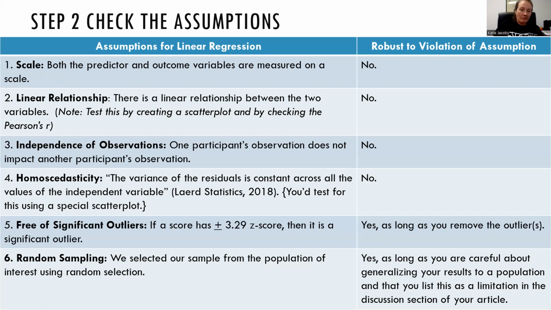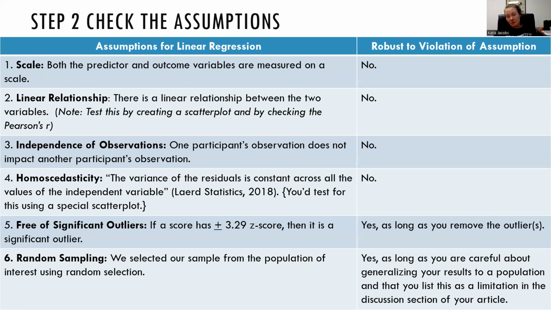So then we have a fifth one, for significant outliers. So if we're looking at this, if a score has a z-score of plus or minus 3.29 or beyond, it's a significant outlier. And we cannot run this analysis with the outlier in it, but it is robust if we remove the outlier prior to running the analysis. And so if that happened, remember, we don't just remove data to remove data.